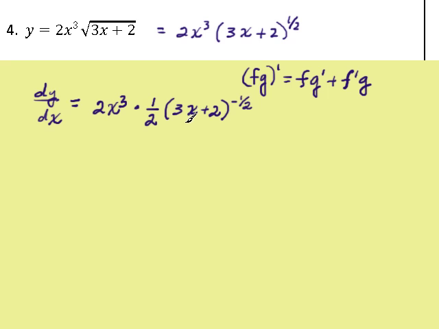Now we have to multiply by the derivative of the inside, so that would be 3. Okay, so far we did f g prime. That's f, and all this is g prime. Plus f prime, okay, f prime is easy, that's just 6x squared. Okay, f prime times g. Now just copy this over.